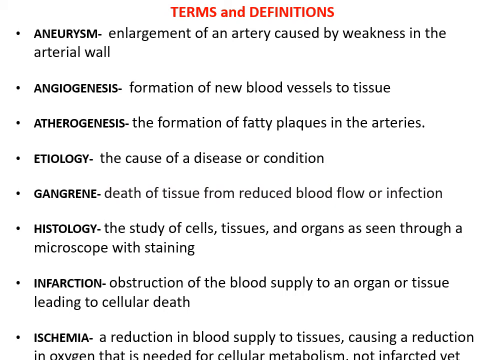Angiogenesis, just a term for new blood vessel formation, and we use that term when we were talking about cancer, because cancer cells need blood just like all cells, and they can stimulate angiogenesis. Atherogenesis or atherosclerosis is the formation of fatty plaques in the arteries, and we'll talk about that more and how fatty plaques develop in arteries.